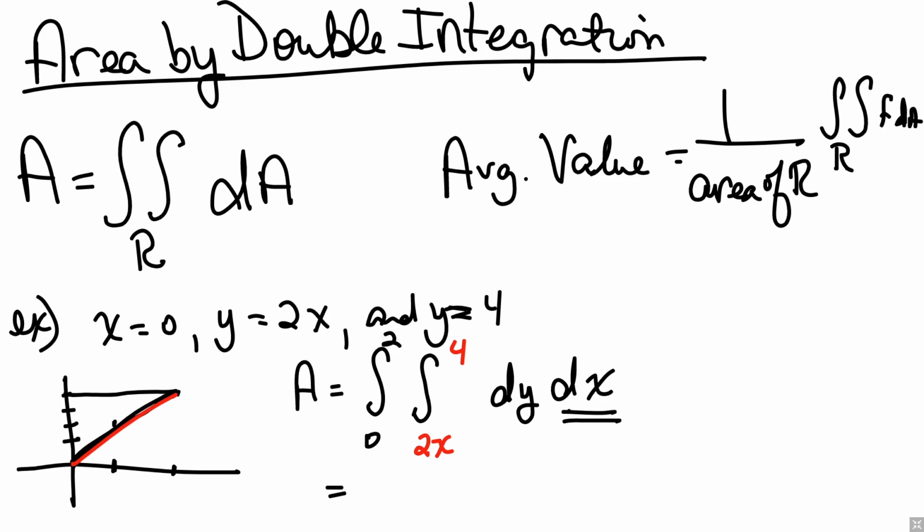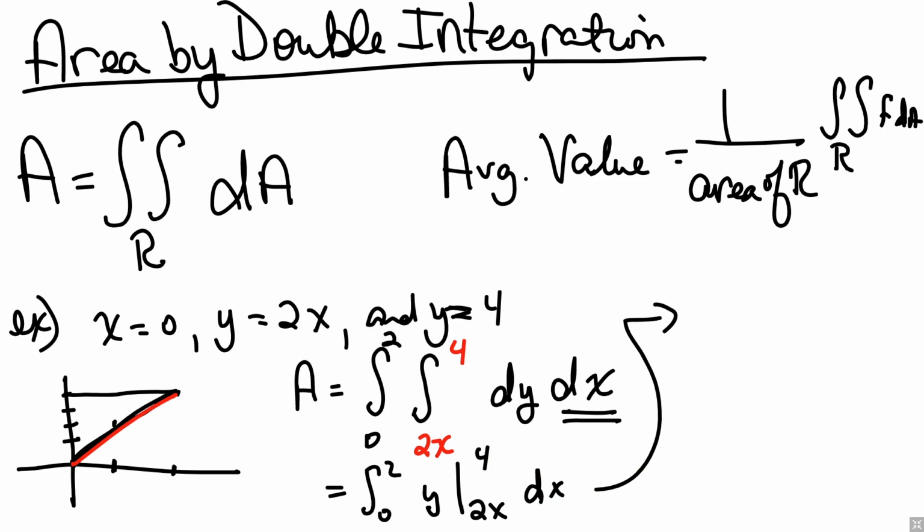If we integrate this first with respect to y, we get the integral from 0 to 2 of y evaluated from 2x to 4 dx. So we end up with the integral from 0 to 2 of 4 minus 2x, and then we integrate with respect to dx. Any questions so far?